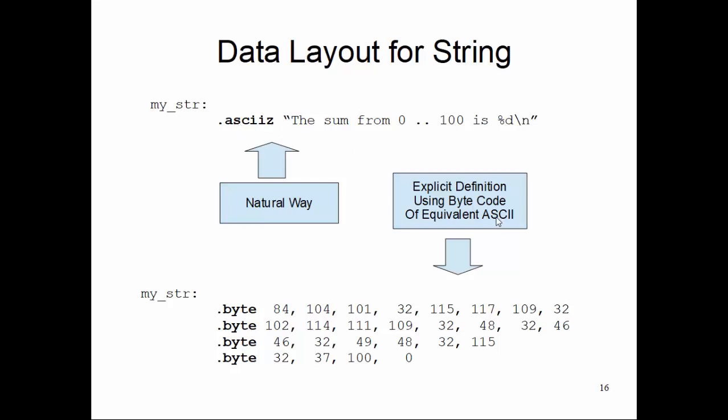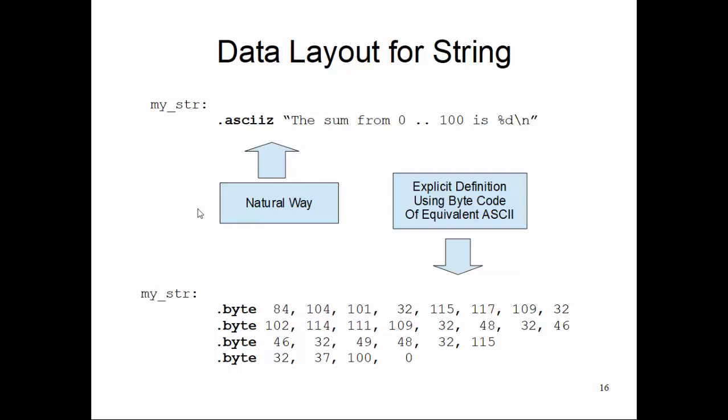It comes from ASCII, American Standard Code for Information Interchange. I am defining this in ASCII. So what we are telling the assembler is: convert this letter I am typing to its corresponding ASCII byte code and place it in memory. That's my string.